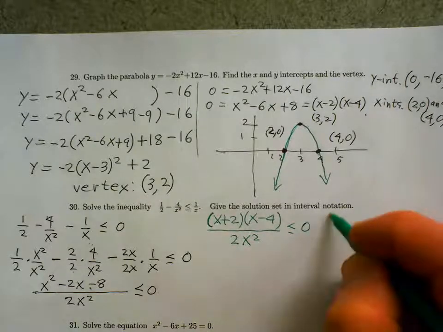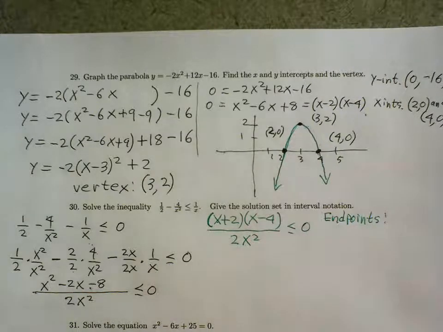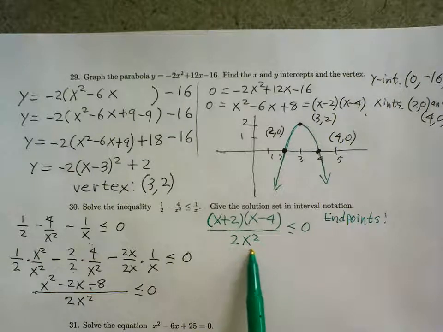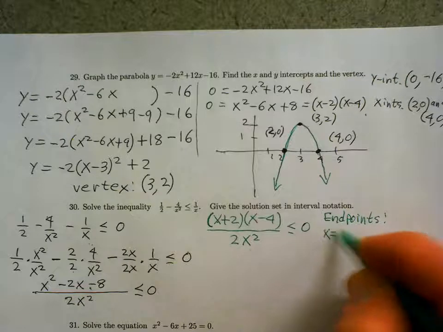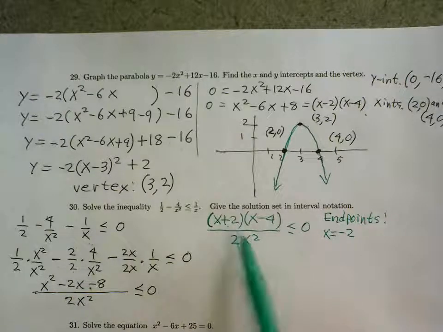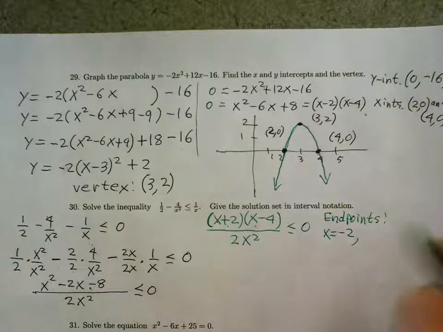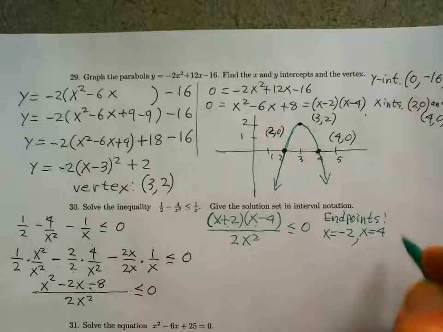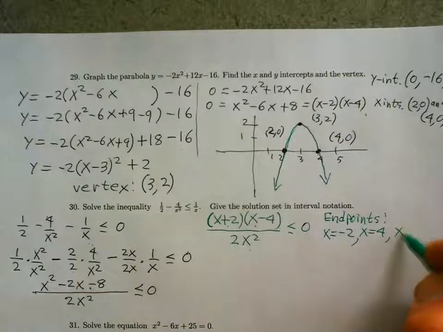So the endpoints are the x values that make the numerator 0 combined with the x values that make the denominator 0. So the endpoints are x equals -2 from the numerator. The other factor, x minus 4, means that x equals 4 is an endpoint. And when x is 0, the denominator is 0. So x equals 0 is an endpoint.